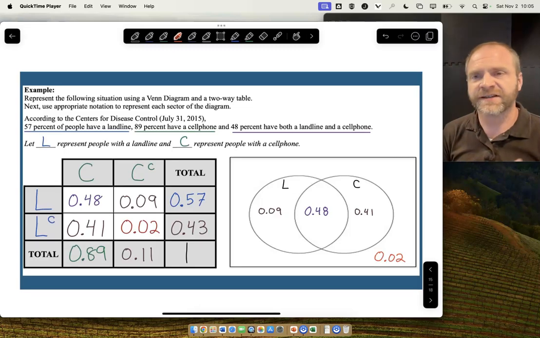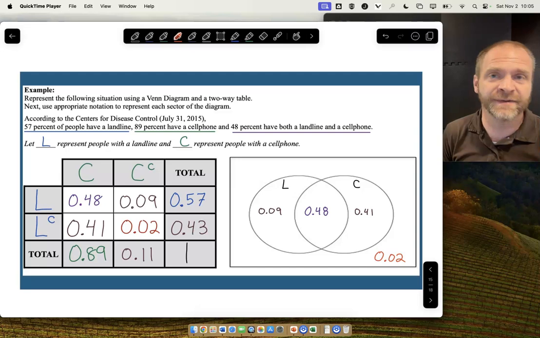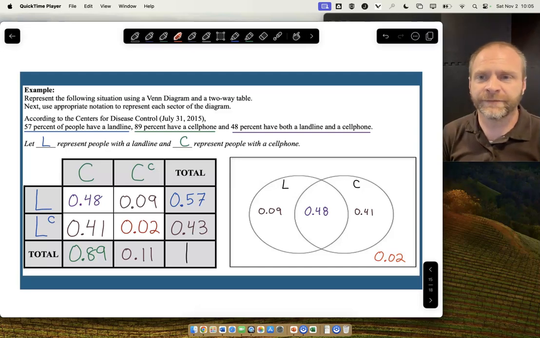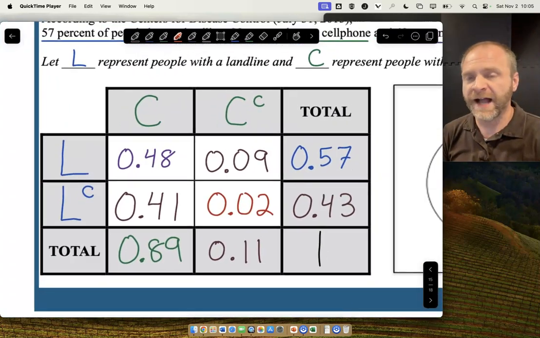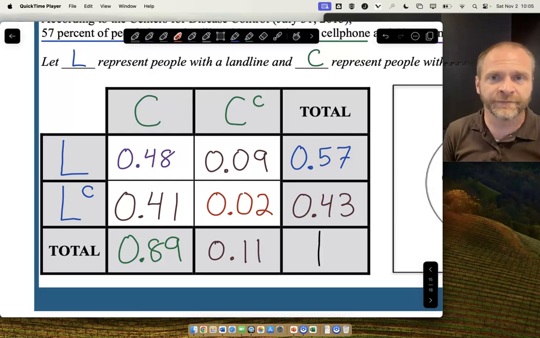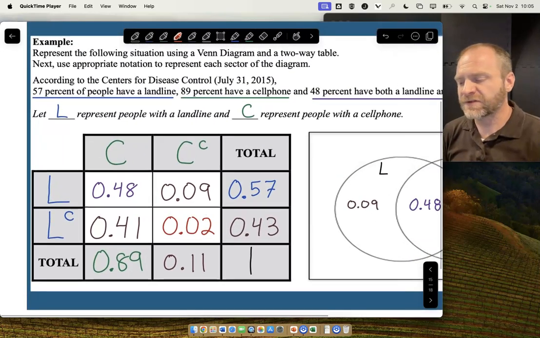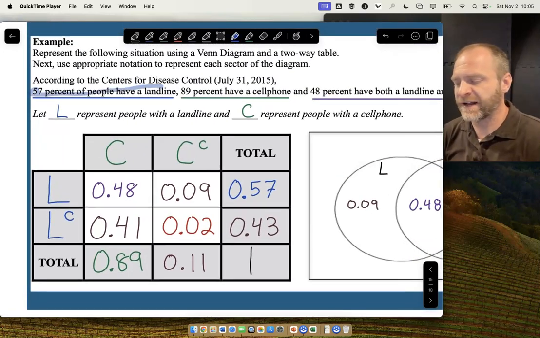So in this case, I'm going to define L as people with a landline phone and C as people with a cell phone. So notice how I'm labeling my table down here. I have a row for L and I have a column for C. So the other row and the other column have to be their complements, L complement and C complement respectively. And so if I look at what was given to me, I was told that 57% have a landline.